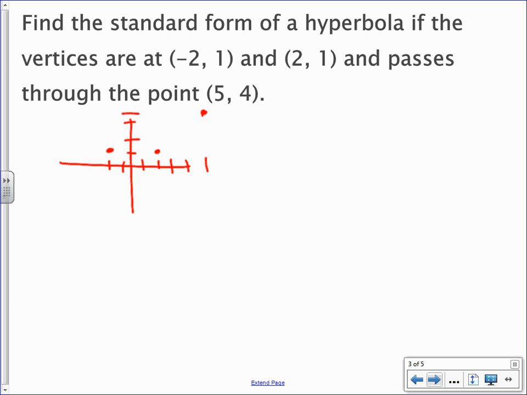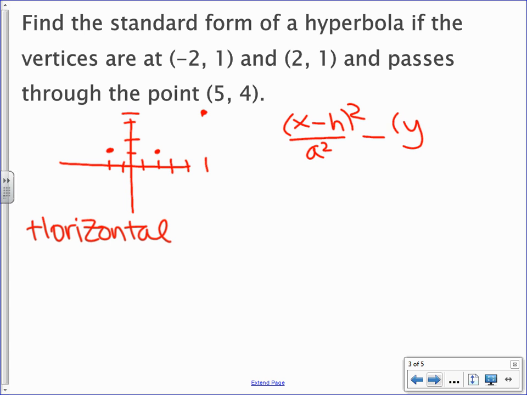What direction is this hyperbola? Horizontal. Which means we're going to have (x − h) squared over a squared minus (y − k) squared over b squared equals 1. Okay. What do we know from this picture?